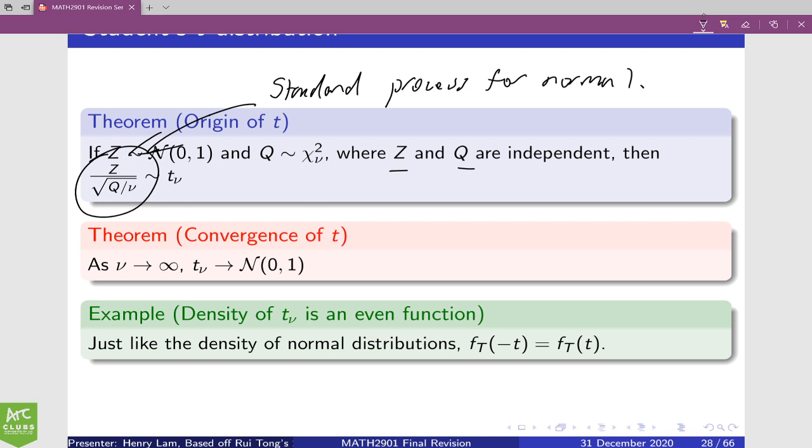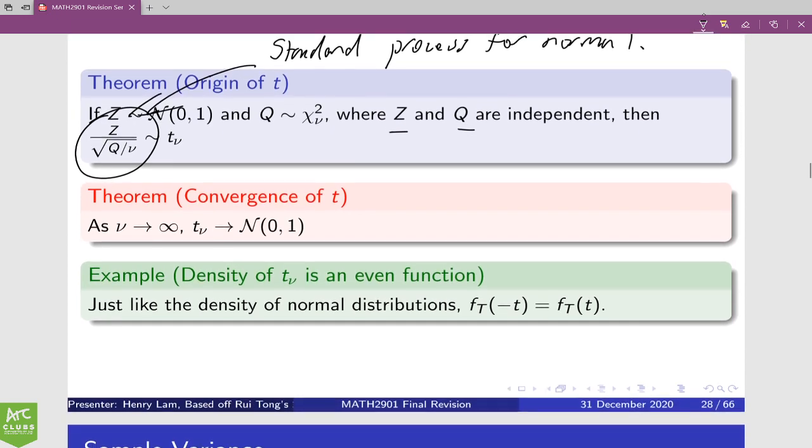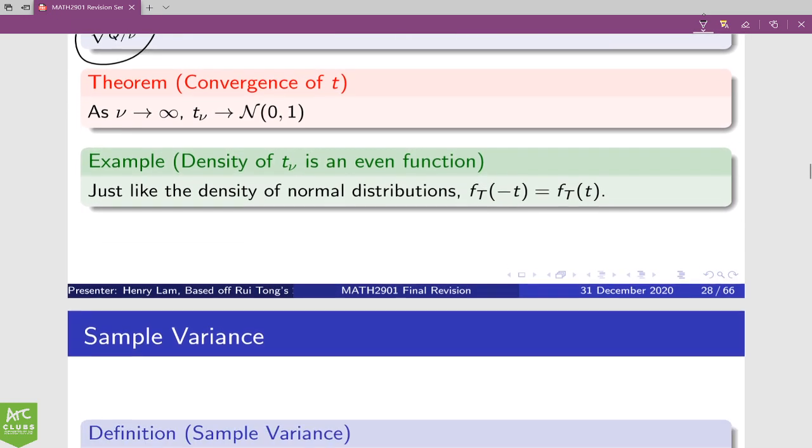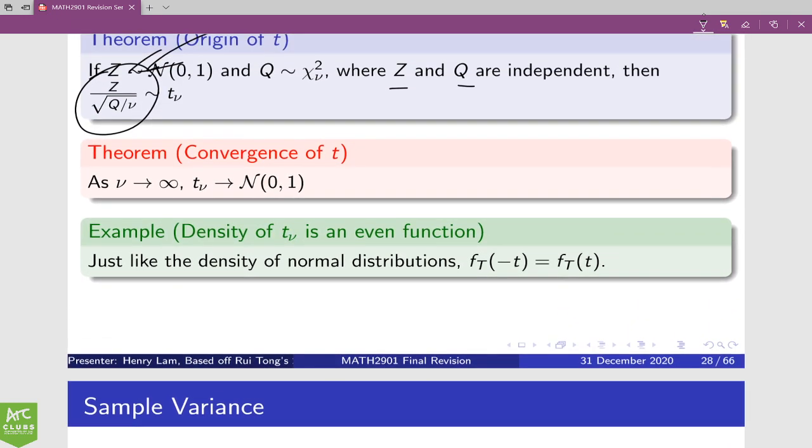And that's kind of where it pops in later on. And that's pretty much it. You should also note the distribution is even, so symmetric about 0, because this is important when building your confidence intervals.